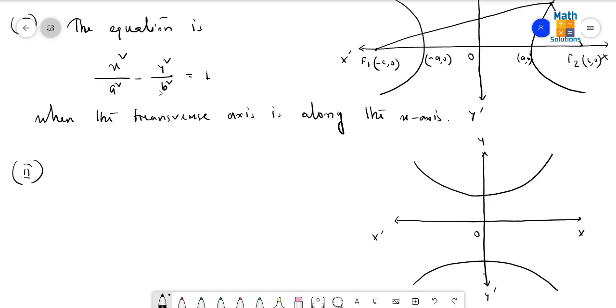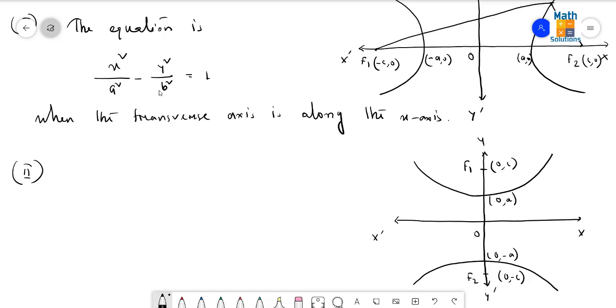Then say these two are the foci. This is the first focus, say its coordinates are 0 comma c. This is the second focus, here it is 0 comma minus c. Then the vertices will be 0 comma a and 0 comma minus a.